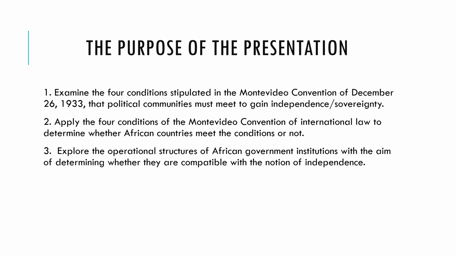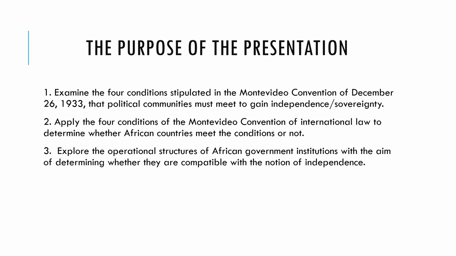The purpose of the presentation is to accomplish four goals. 1. Examine the four conditions stipulated in the Montevideo Convention of December 26, 1933, that political communities must meet to gain independence. 2. Apply the four conditions of the Montevideo Convention of International Law to determine whether African countries meet the conditions or not. 3.